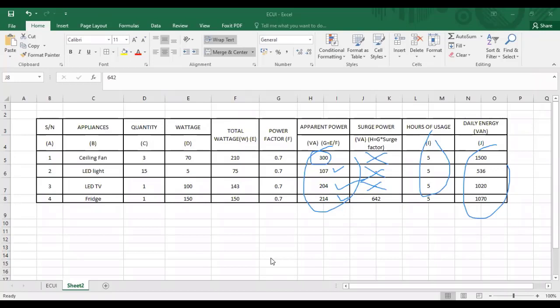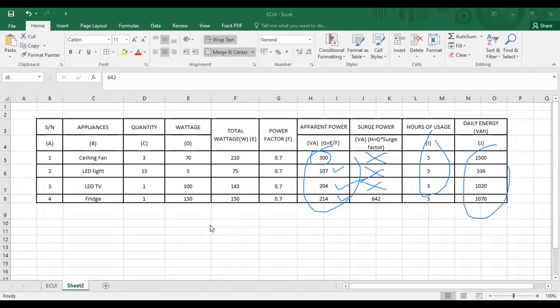Like the essence. Okay, so because there are losses in a system, and these losses can come in diverse forms, like I explained, the reactive power, there's nothing you can do with it. The reactive power will be there. And most times when these devices are being used for a long time, they become less efficient and they generate more reactive power.